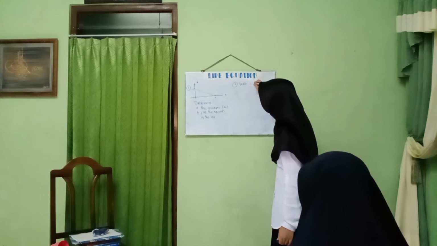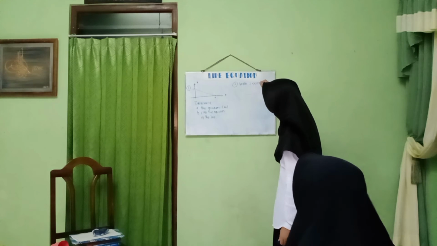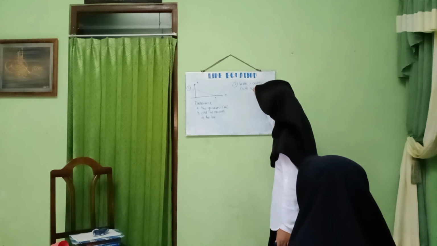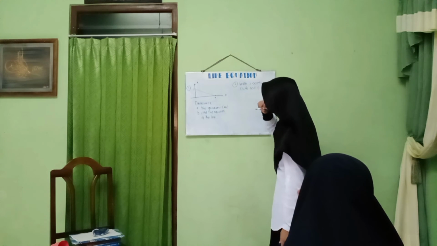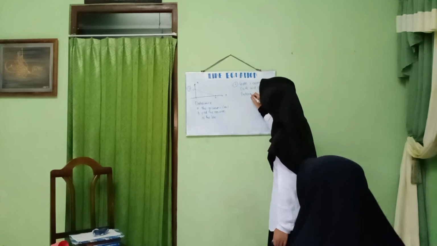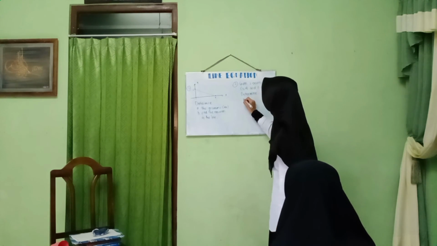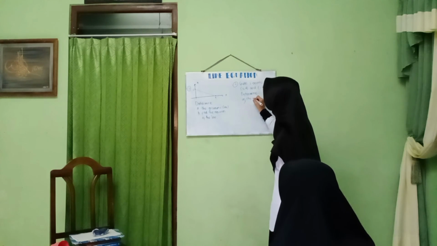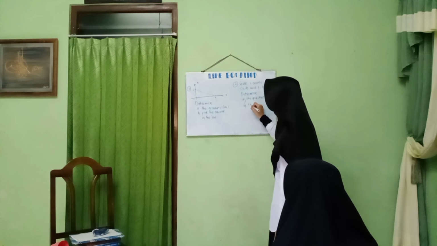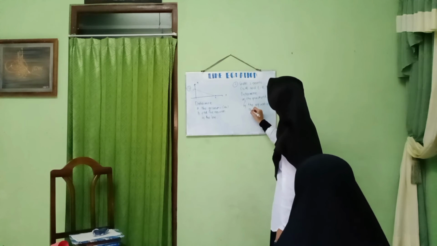Number 2, given two points, (3,4) and (minus 7, 8), then determine the gradient of M and the equation of the line.